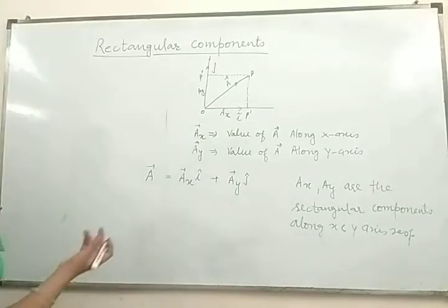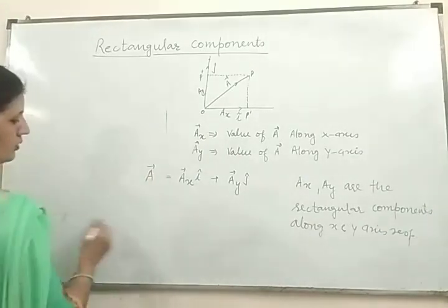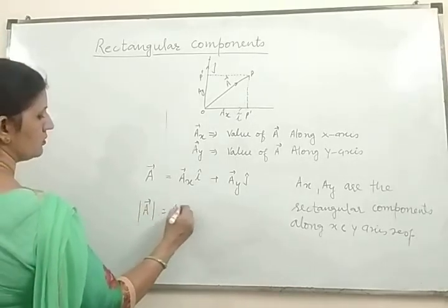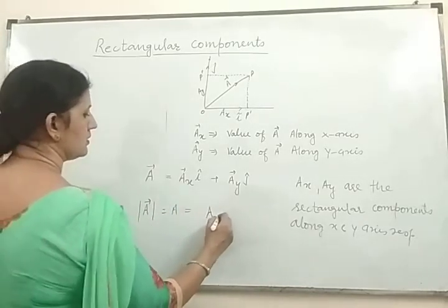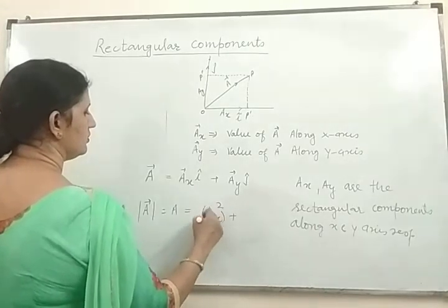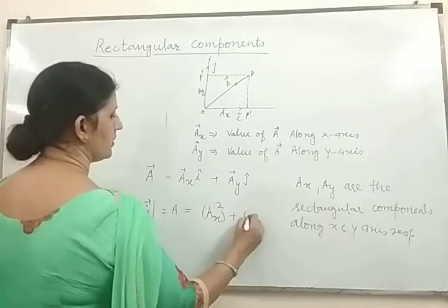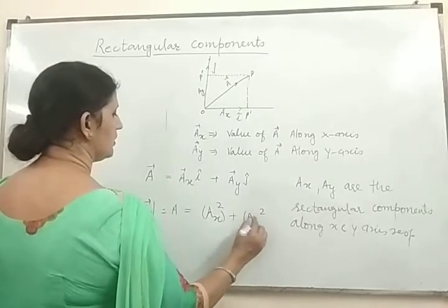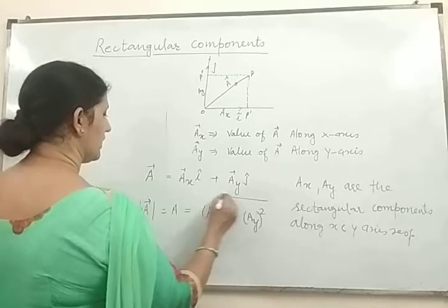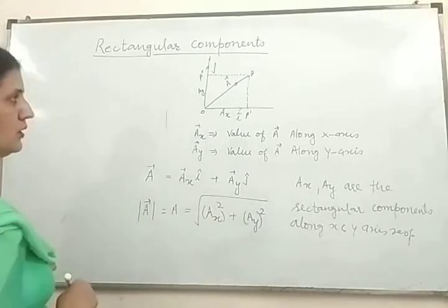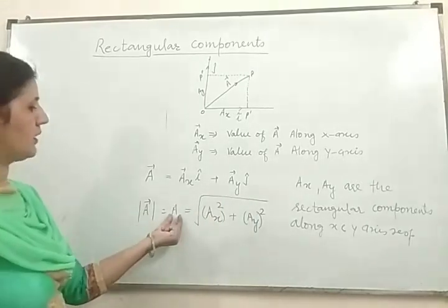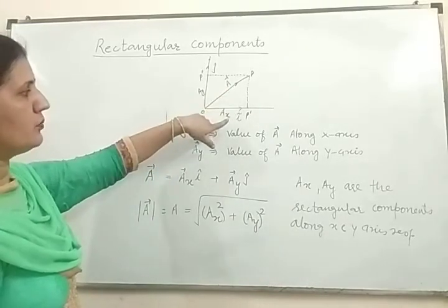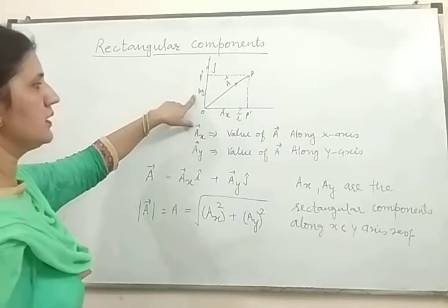Now the question, what is the magnitude of this A? So find the modulus. This is equal to A. This is the square of the value along the x-axis plus the square of the value on the y-axis, all under the root. So in this way you can find the magnitude and direction of this vector A and its components along the x-axis and y-axis.